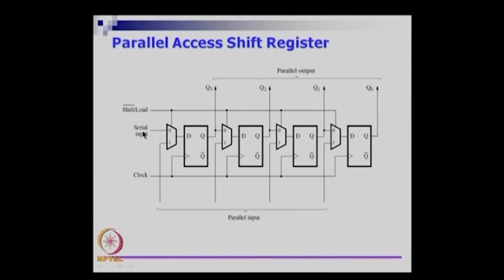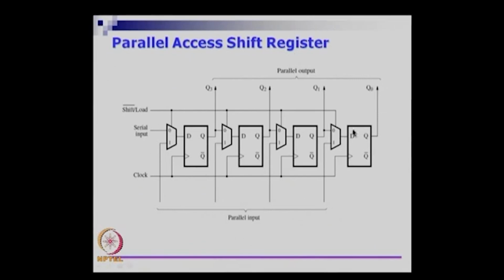The 0 pin of this mux is taking a serial input, it is taking 1 bit input, and placing it at D, and if you look at the 0 pin of this mux, it is taking Q3 and giving it as input to flip flop 2. Then Q2 is given as input to flip flop 1, and Q1 is given as input to flip flop 0, and the output of flip flop 0 is going out as Q0.